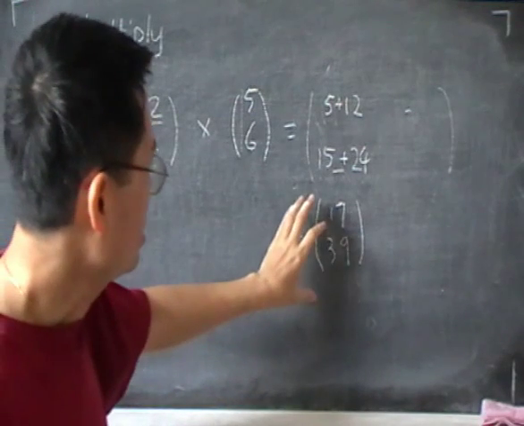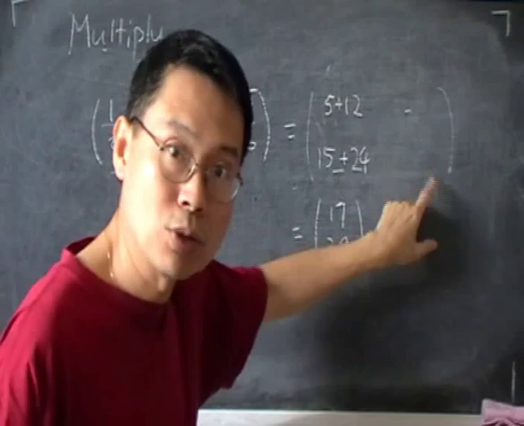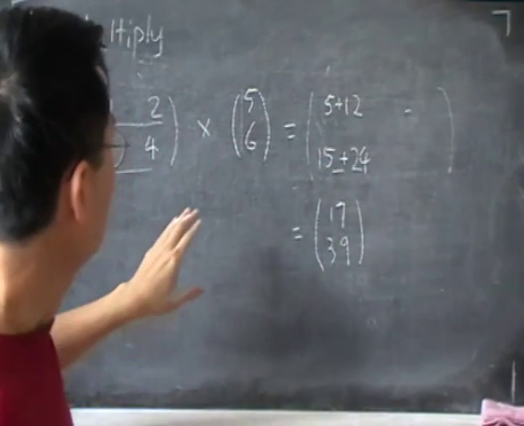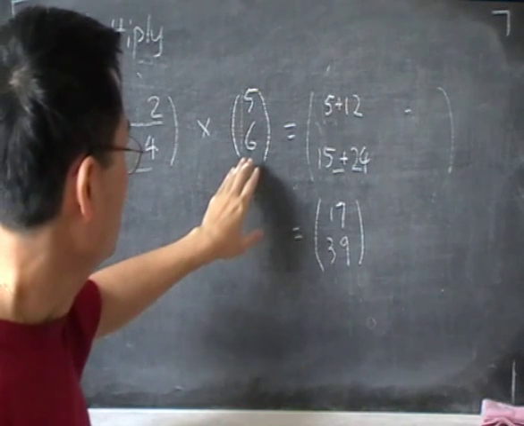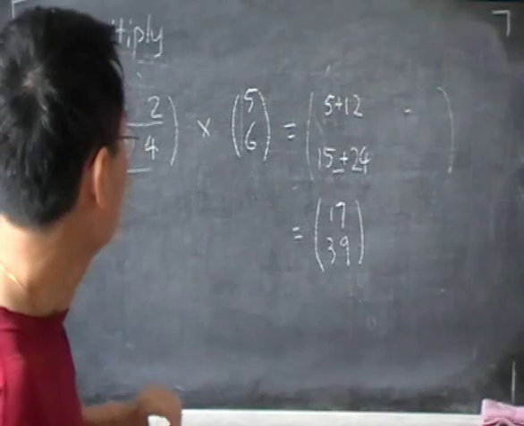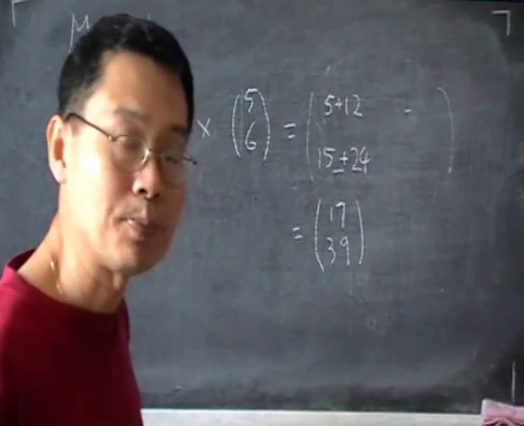So in this case, we don't have a 2 by 2 matrix in the answer, we just have a 2 by 1 matrix. And the reason is because we have this 2 by 1 matrix there, even though we still have a 2 by 2 matrix there.